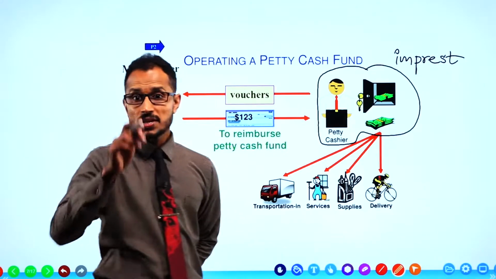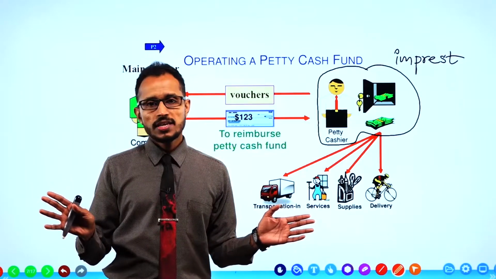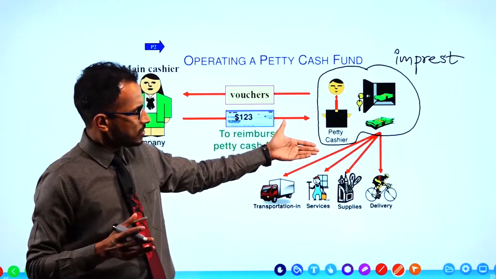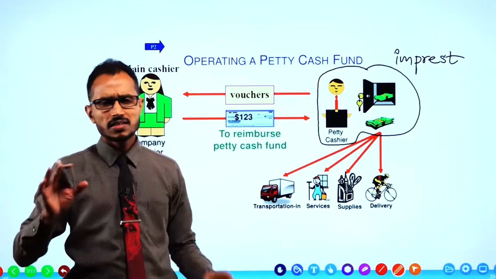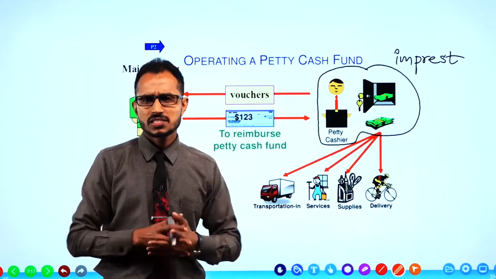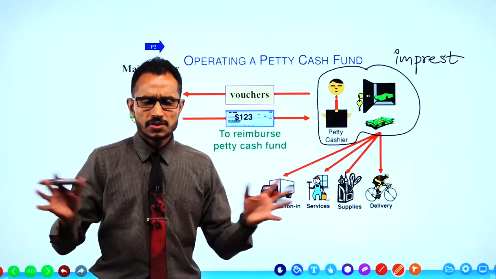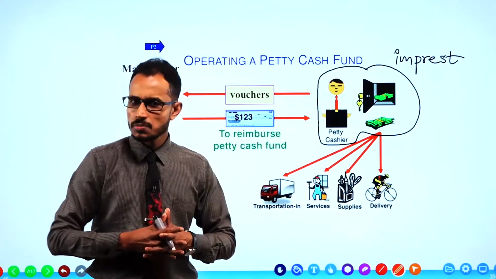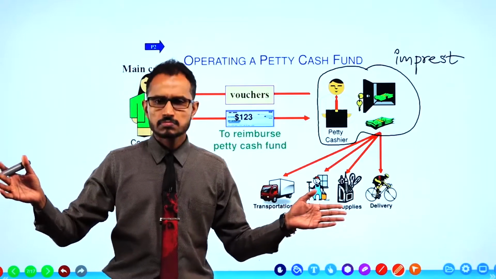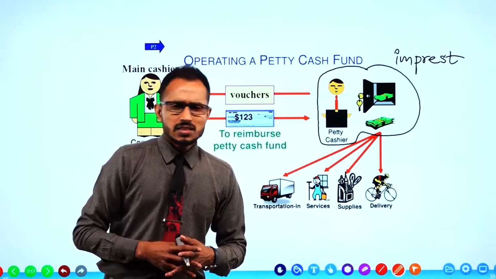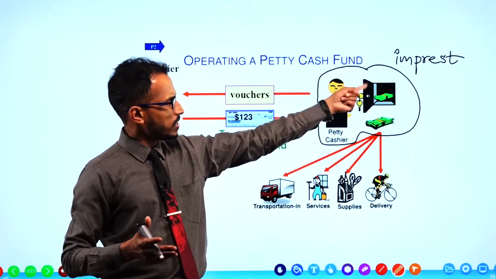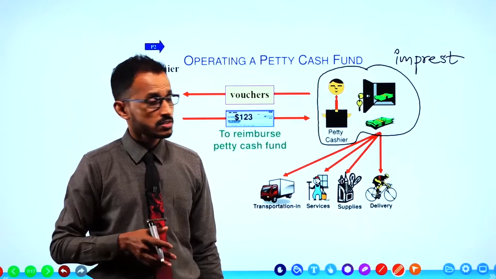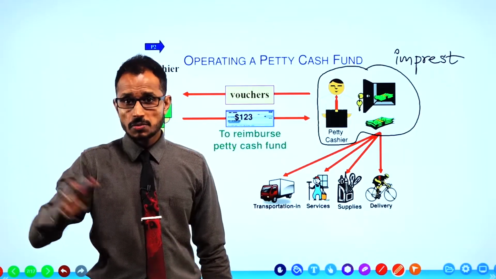In this imprest, children, there can be any amount of money. It differs from business to business. In a large scale business, the petty cash imprest, the float, can be 100,000 or even 150,000.